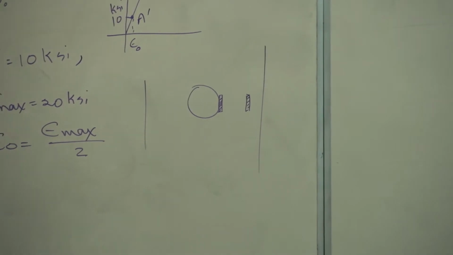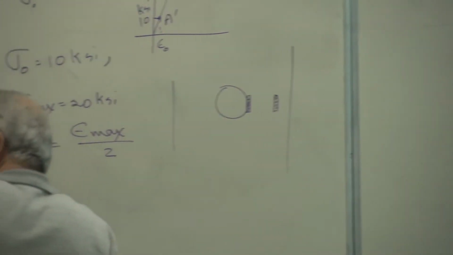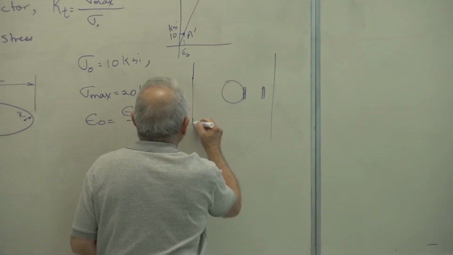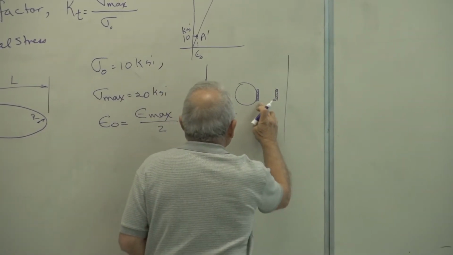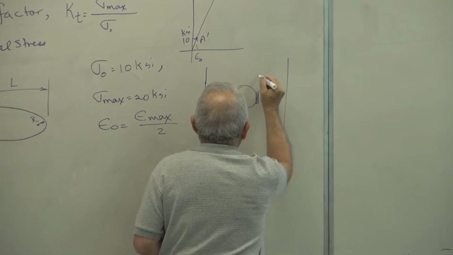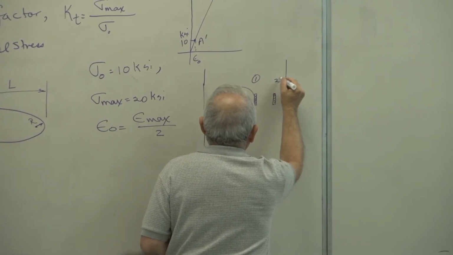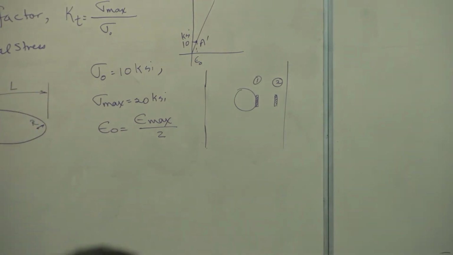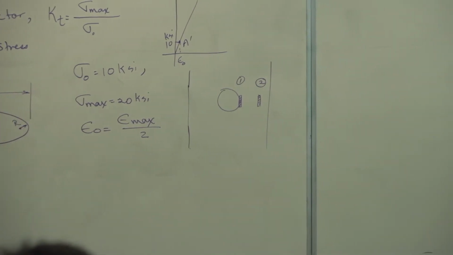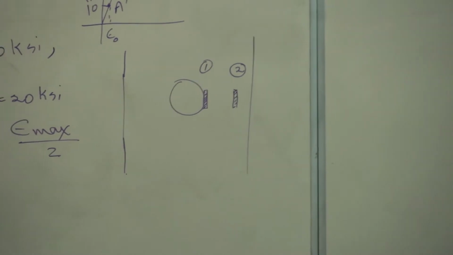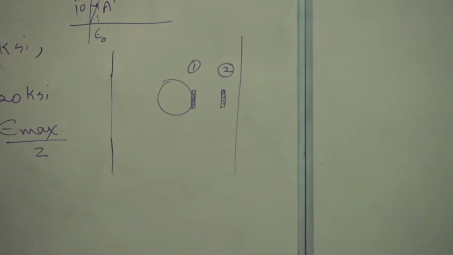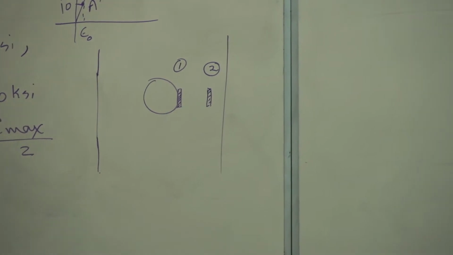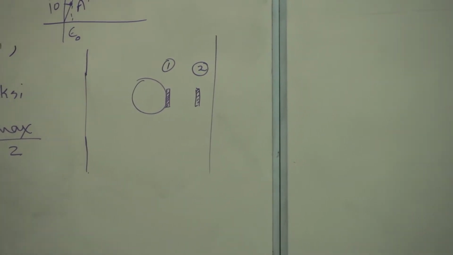If I apply a static load like that, which of these two strain gauges, I'll call them 1 and 2 for example, will read a larger strain? 1 or 2? 1. Does everybody understand that? Right next to the hole.